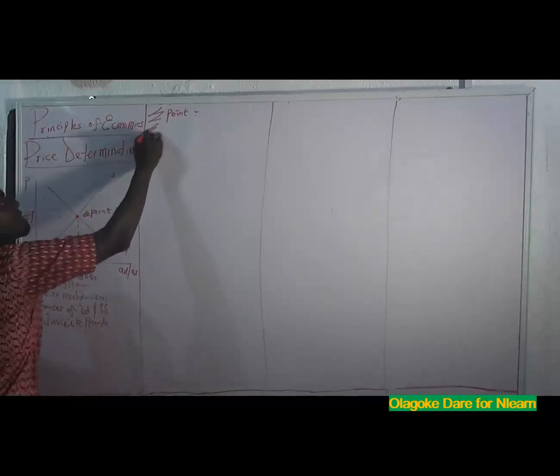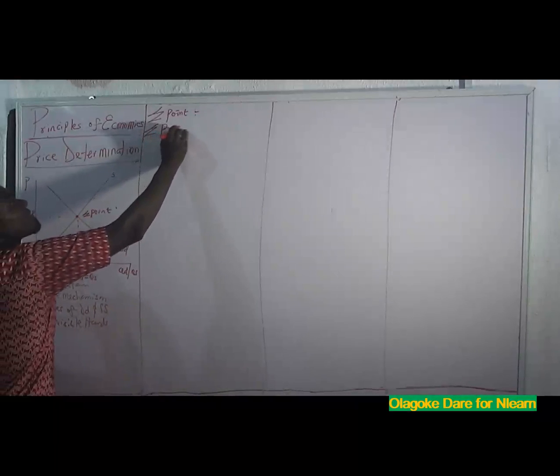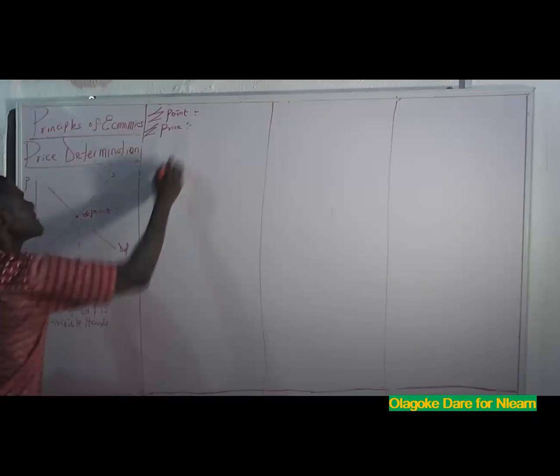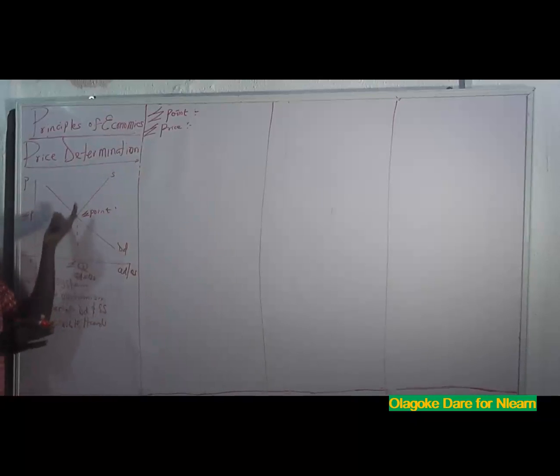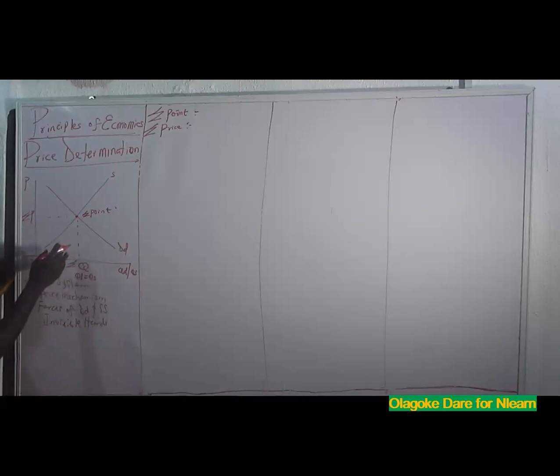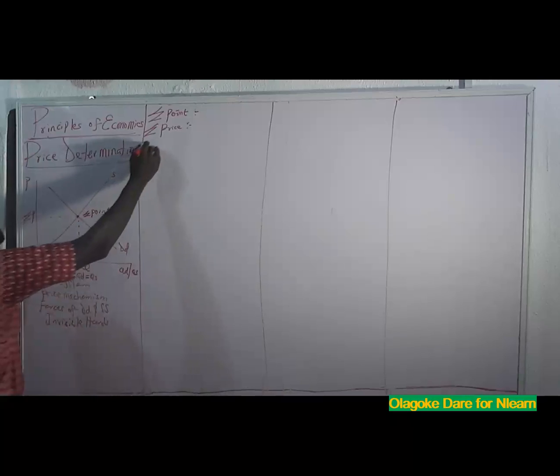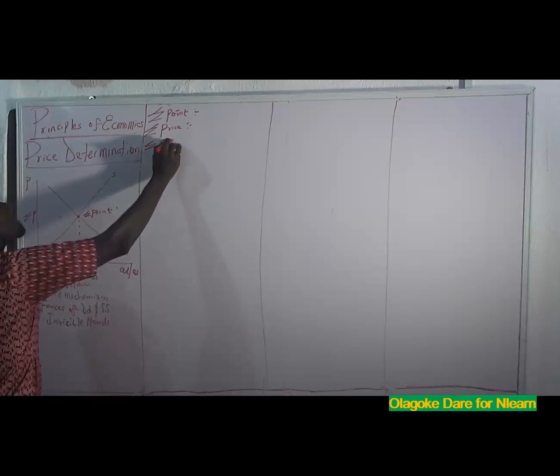The next is my equilibrium price. Equilibrium price is the price at which quantity demanded and quantity supplied are the same. Now we have equilibrium quantity.